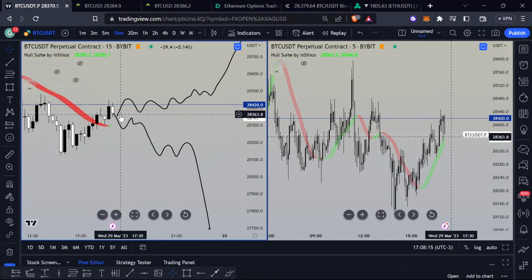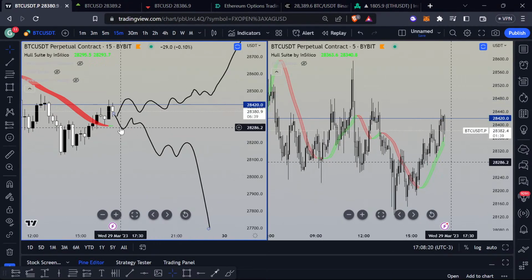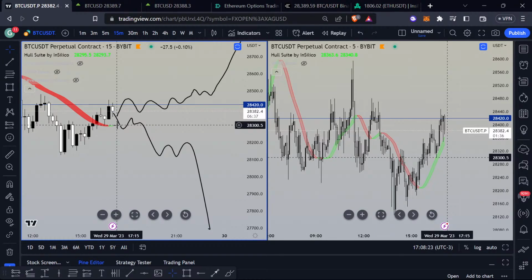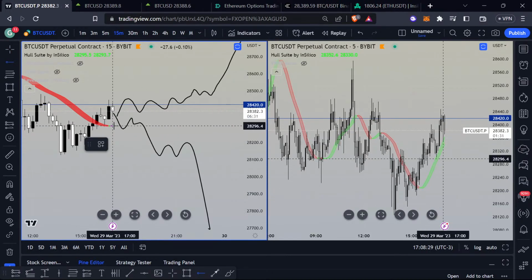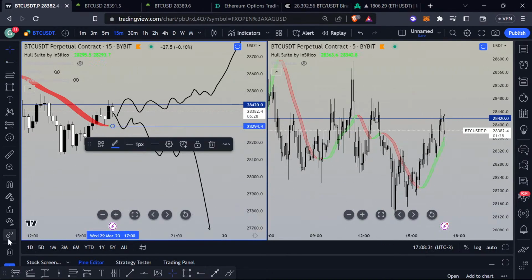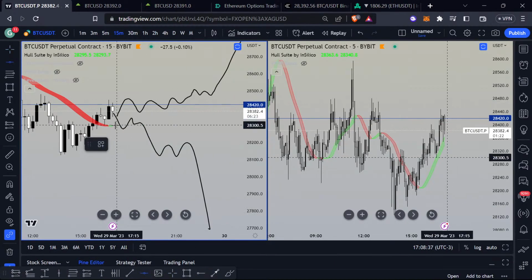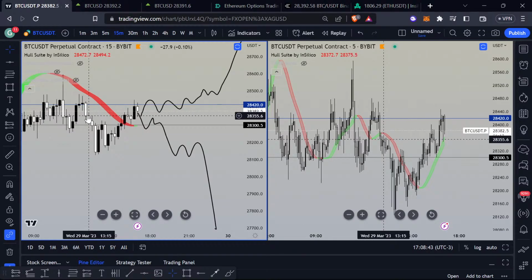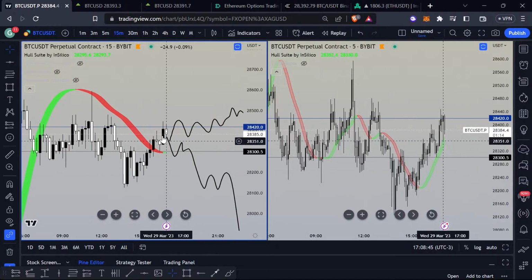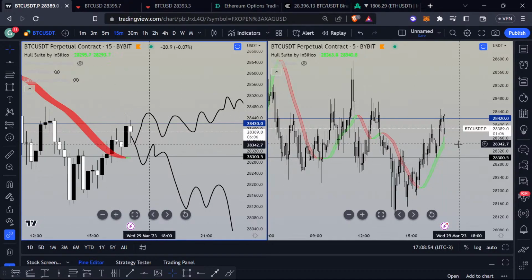However, if I'm short right here, I would be very careful or start taking profit around this area, this price right here. Why? Because here is where the indicator is showing me that the trend could be retested for the first time, and this is where you can get squeezed pretty hard if you don't pay attention.